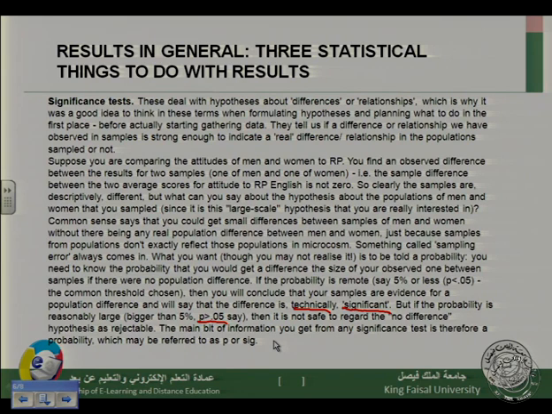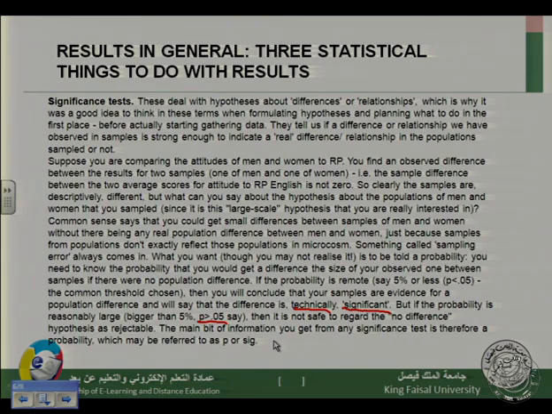So if the probability is reasonably large or bigger than 0.05, then it is not safe to regard the no difference hypothesis as rejectable. So you have a hypothesis, and based on the p-value that you are going to get, you would say my hypothesis is confirmed or rejected.